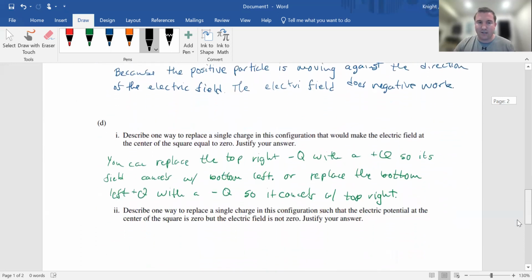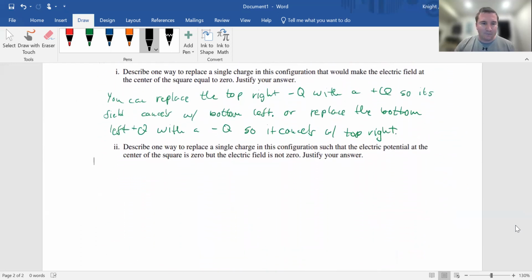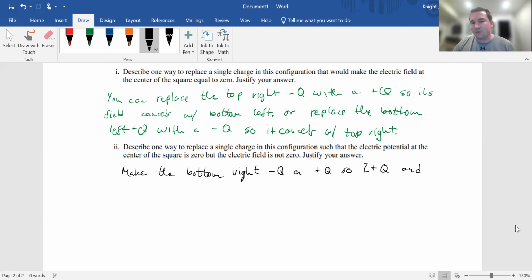So let me just answer with one. Make the bottom right minus Q a plus Q. So 2 positive Qs and 2 negative Qs will make the potential 0.